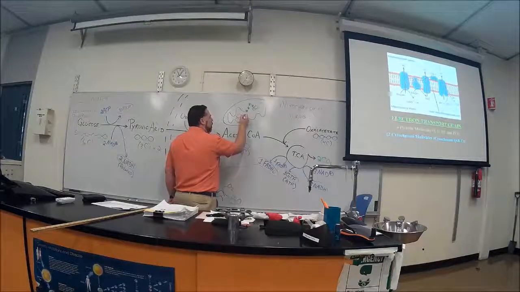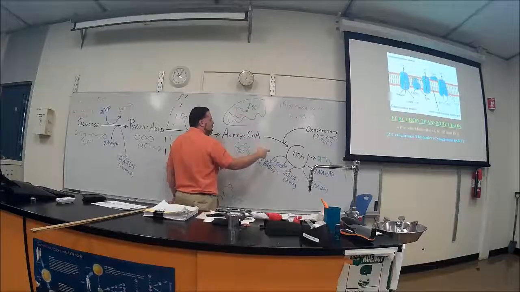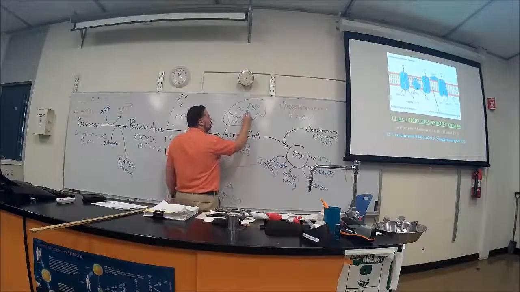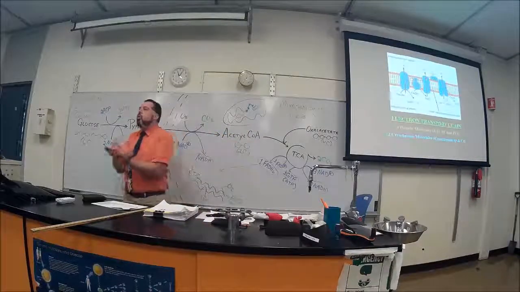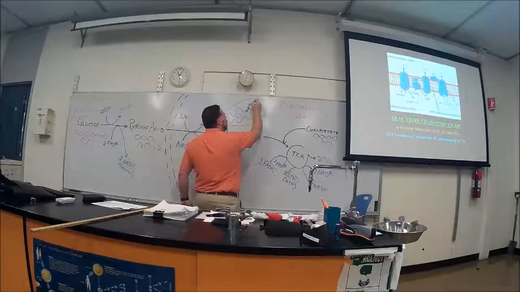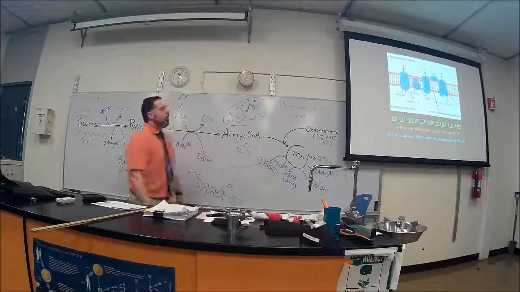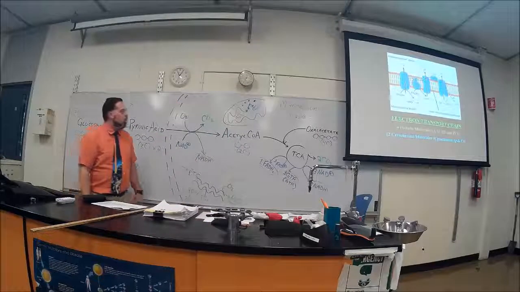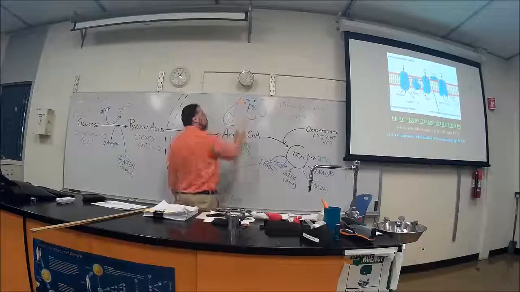These items are going to pass through these items here and put those extra hydrogens out into the intermembrane space. The more FADHs and NADHs that are here, the more hydrogens get pumped out of there.